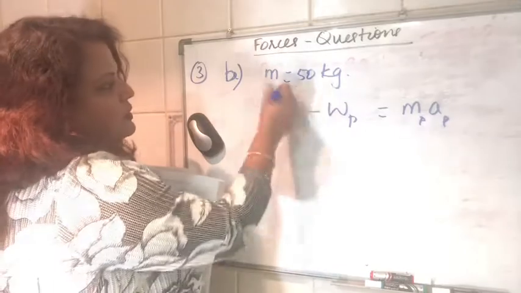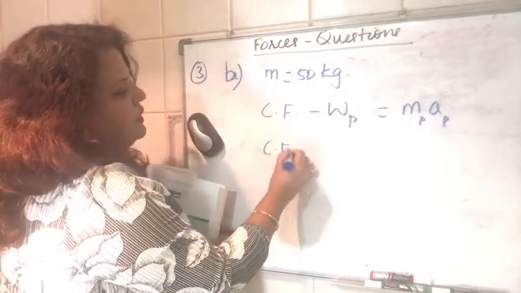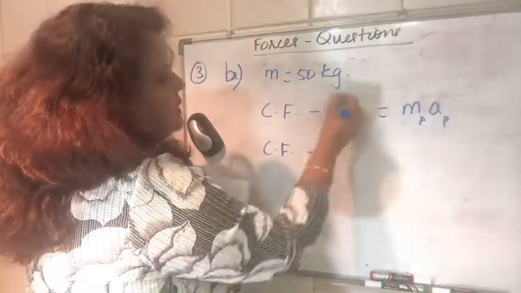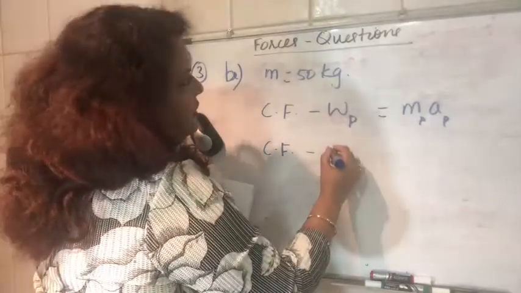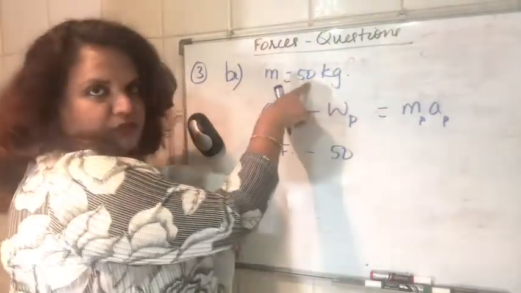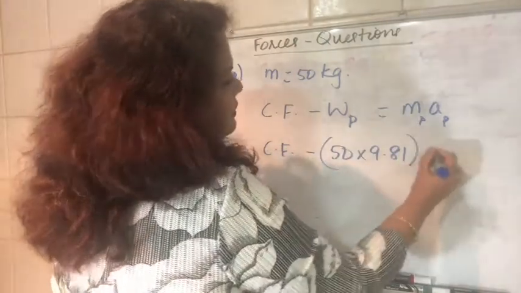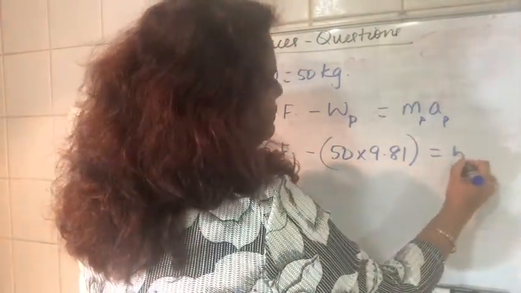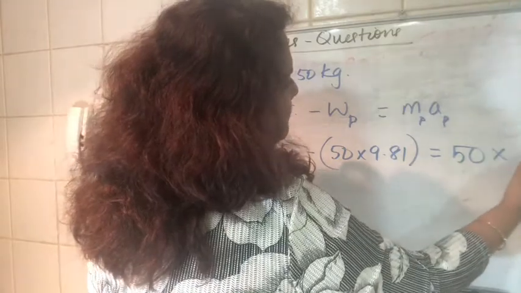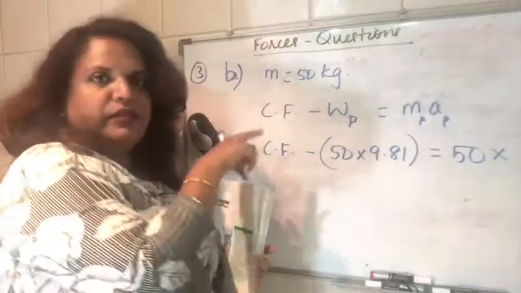So we need to find out this. So contact force minus this weight of the person. How do I find out? 50, mass of the person, multiplied by 9.81 will be equal to, again, mass of the person 50 multiplied by this acceleration we have calculated in the previous one.